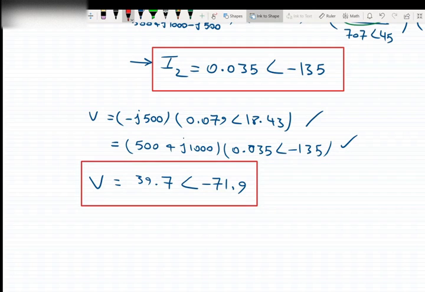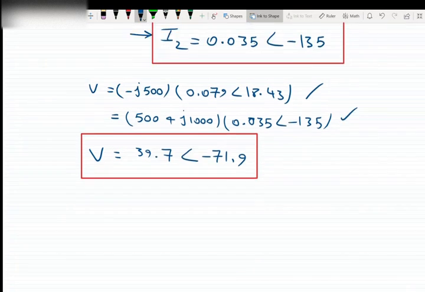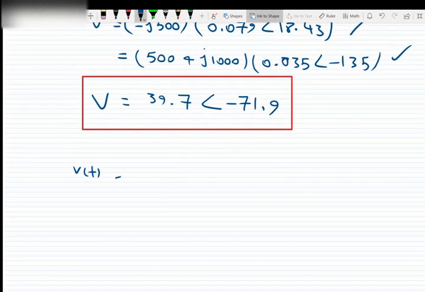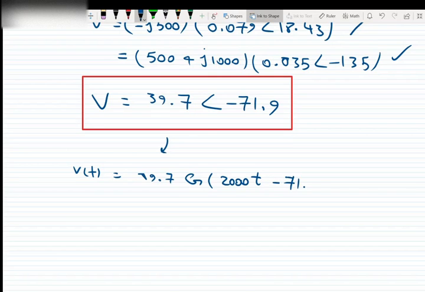Okay, now that we got the voltage, next part, we need to find the waveforms corresponding to the phasors. Let's do that. V of t, of course, from here we know that the frequency is 2000, so we simply say it's 39.7 cosine of 2000t minus 71.9.